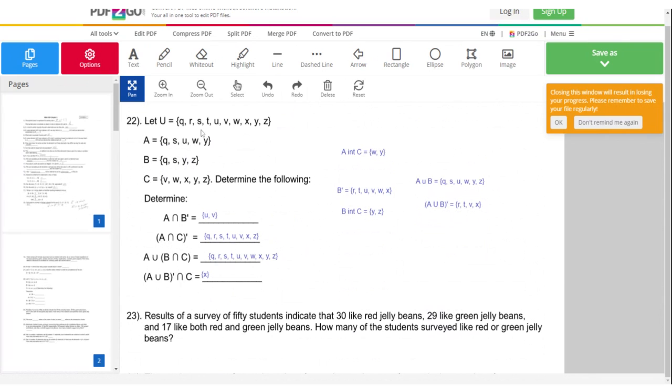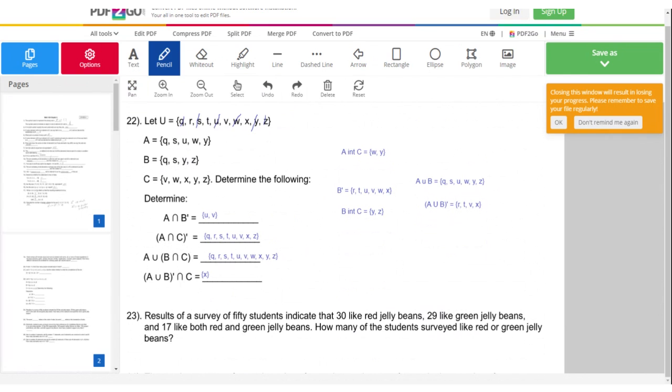So what's left over? Like I said, the quicker way to do it is to take out these. A, B, C, S, V, Y. And then R, T, V, and X. So that's right. Okay.